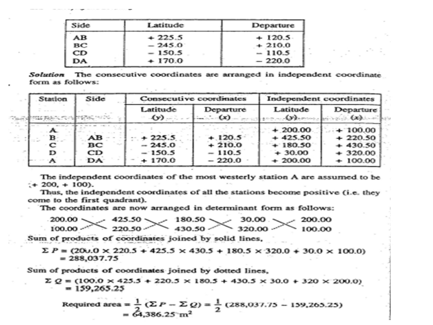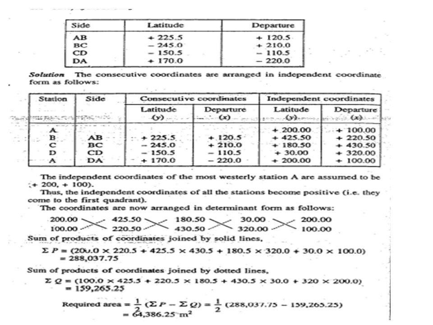So whenever we are going to prepare the independent coordinates in the form of latitude and departure, we are going to consider the stations. So the stations are A, B, C, D and A. Since it is a closed traverse, it is going to close at A. So starting with B, the side is AB.